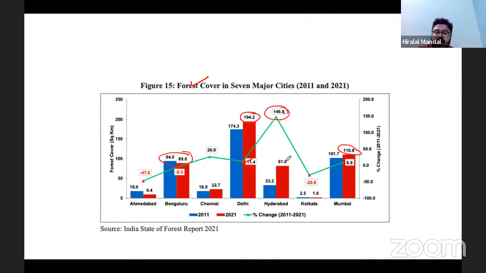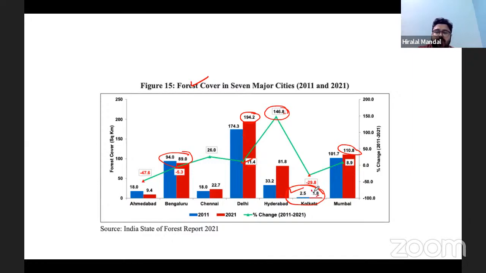Now, with regard to Kolkata, the status of Kolkata is absolutely low. It is the city where the forest coverage is extremely low. In 2011, the forest coverage was 2.5 square kilometers.